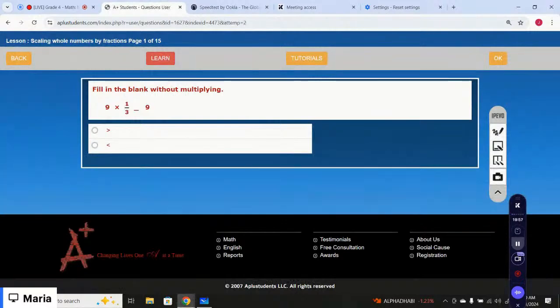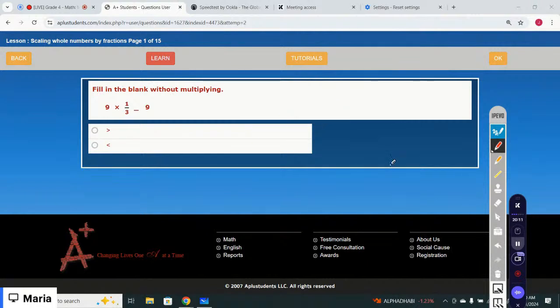Fill in the blank without multiplying. 9 times 1/3, you have to compare it to 9. So 1/3 is a fraction, right? And 1/3 is less than 1. So when you multiply 9 times 1/3, that makes it less than 9.